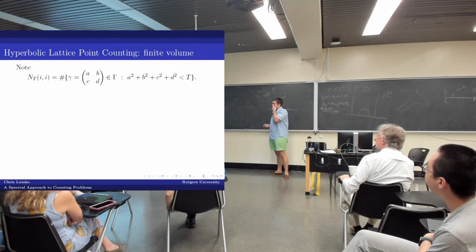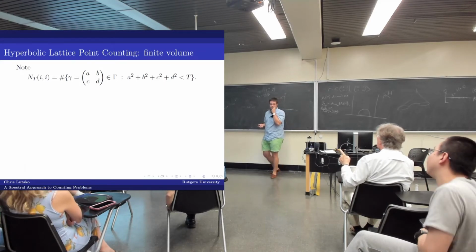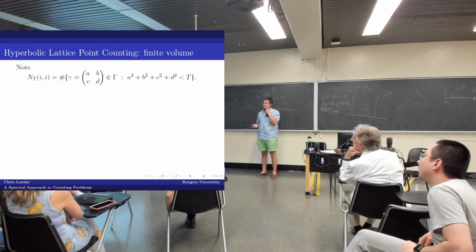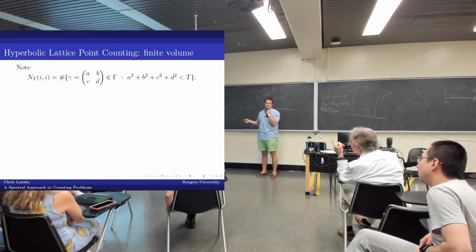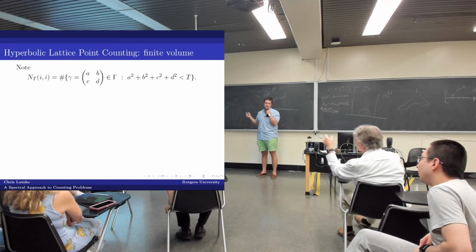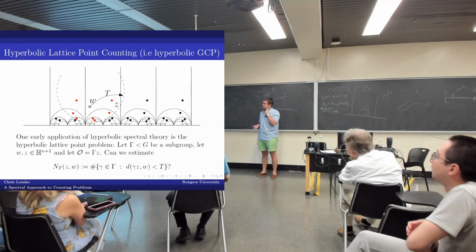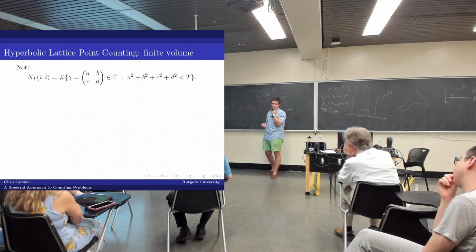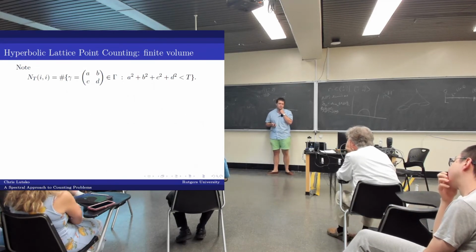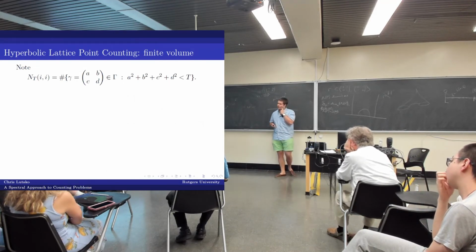Now you might say, why do we care? That's for SL2R. Well, no, this is for any group, but a discrete group would be okay. That's interesting to know. So if you take a subgroup of SL2Z, this can be quite nice.